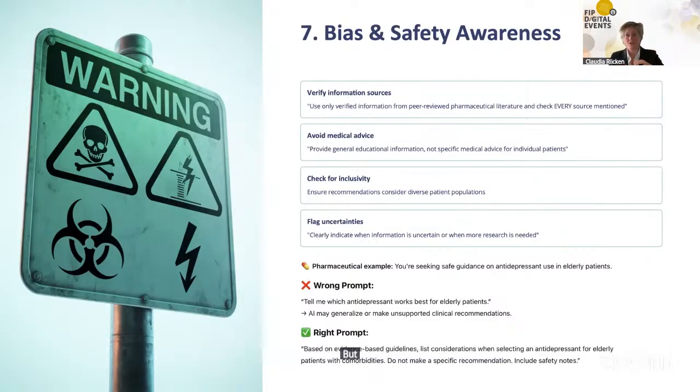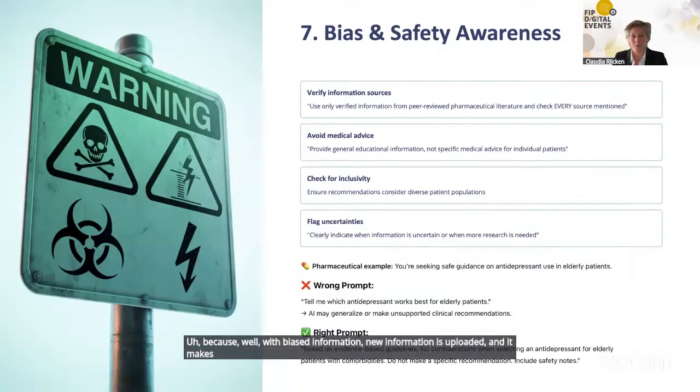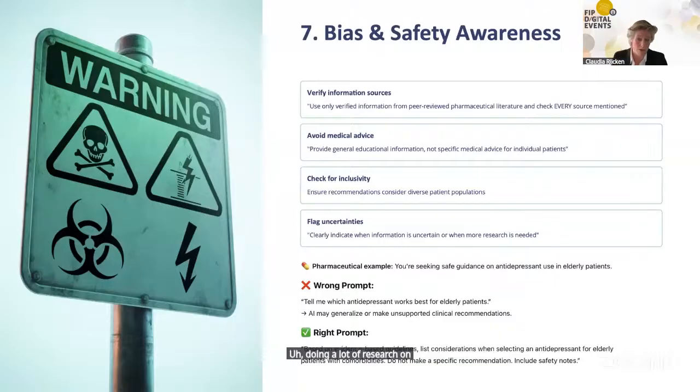But the output generated by large language models is uploaded again onto the internet, and there it causes an additional bias because, with biased information, new information is uploaded, and it makes the database even more biased. This is a topic where quite a number of scientists are currently doing a lot of research, to think on how to prevent this in the future and try to get an inclusive data set as well.